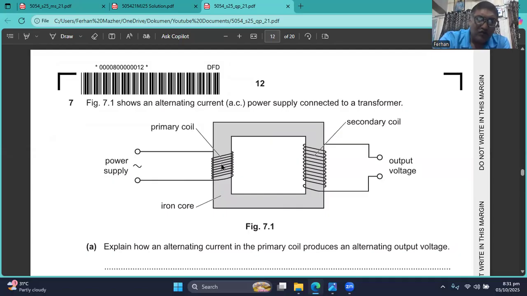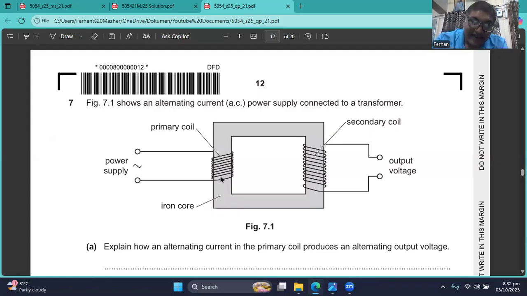When the current flows through this primary coil, it becomes an electromagnet, and because the magnitude and direction of the current are periodically changing, the polarity and the magnetic strength of the electromagnet also change. Sometimes this end becomes north and this end is south, and after the half cycle of the current, the lower end becomes north and the top end becomes south.